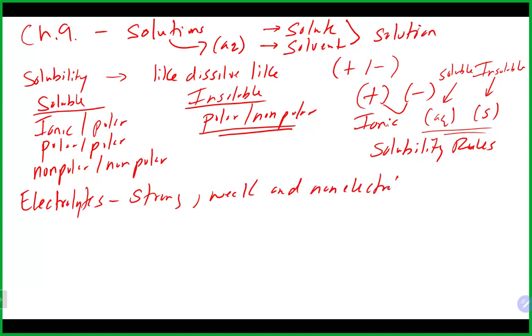And remember that if it is a strong electrolyte, that means that essentially it's going to 100% break apart into ions. So you will have nothing that stays together as the whole unit. You basically will just have a bunch of ions floating around that solution. And that's really important because electrolytes are things that can conduct electricity.